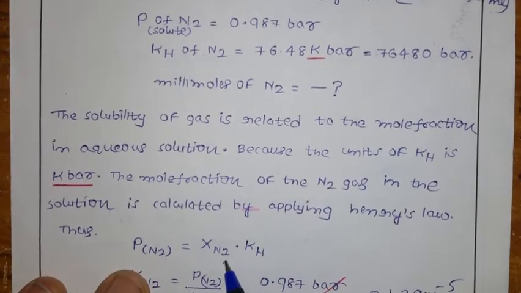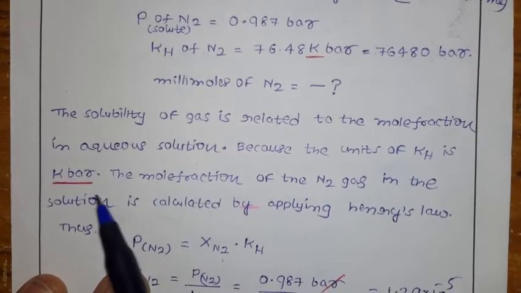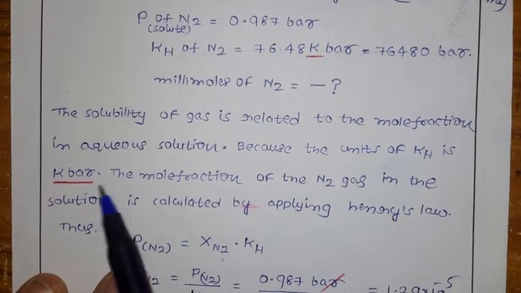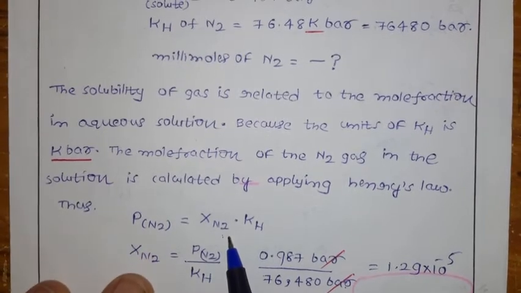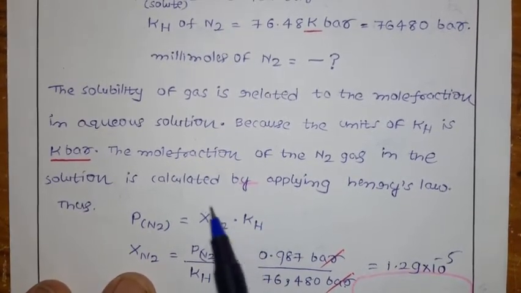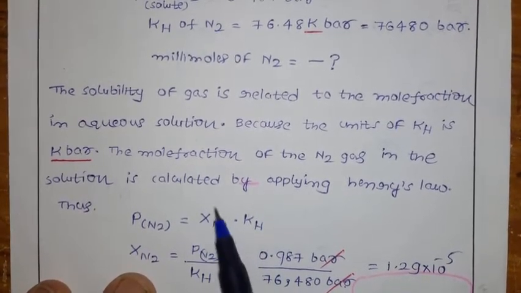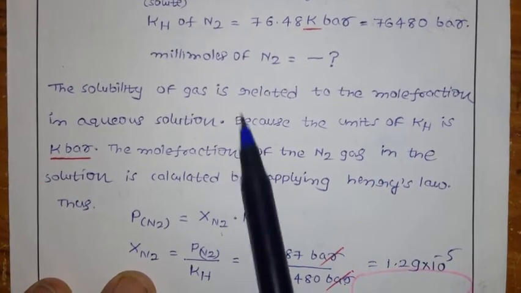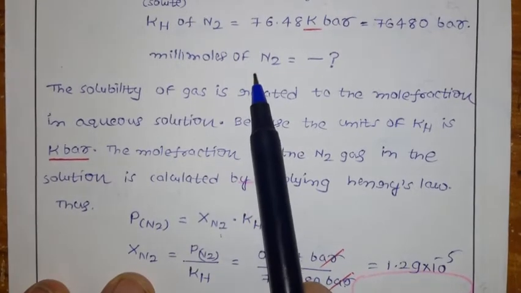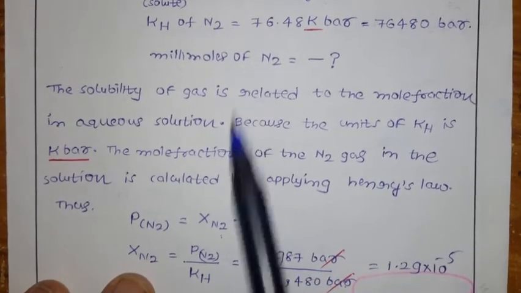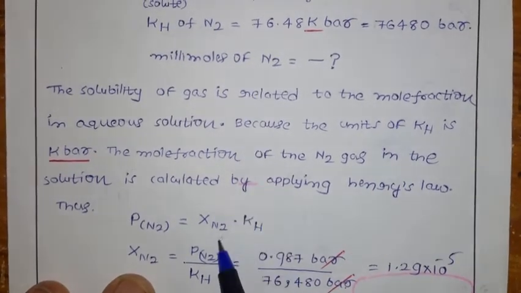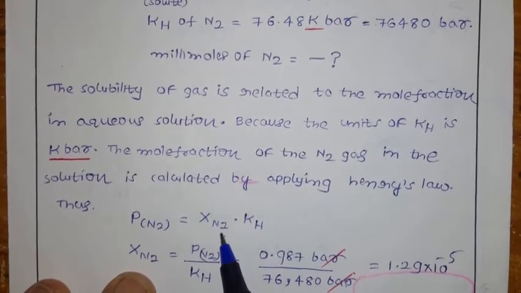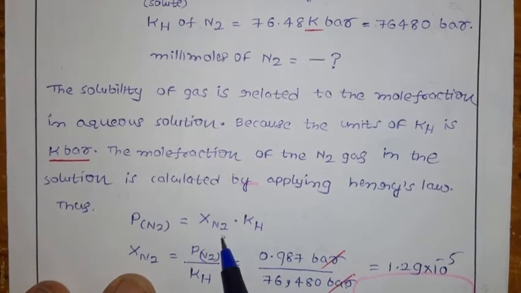In the previous class you saw two expressions for Henry's law, one using the mole fraction and one using solubility. Here I am going to use the mole fraction, because they are asking for the number of millimoles of solute. We get the moles from the mole fraction relation, not the solubility relation.